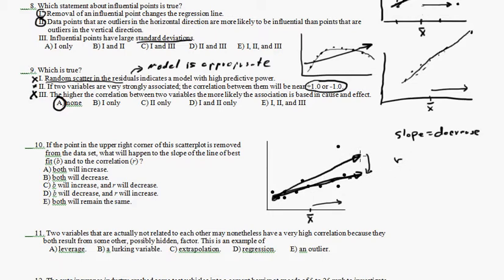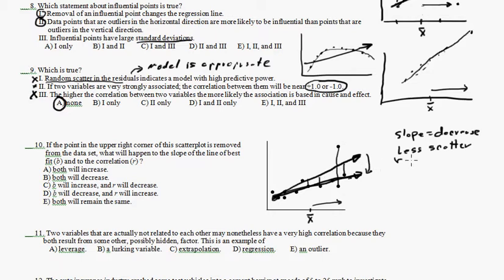Now, when the point's there, this residual is sort of reduced maybe a little bit, but there's all these other residuals that have been made bigger. So there's more scatter with the point. So there's less scatter without it, at least in the scatter plot.